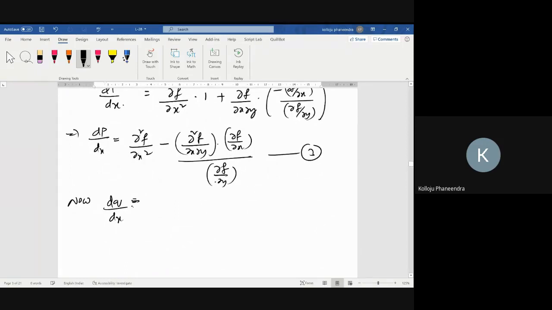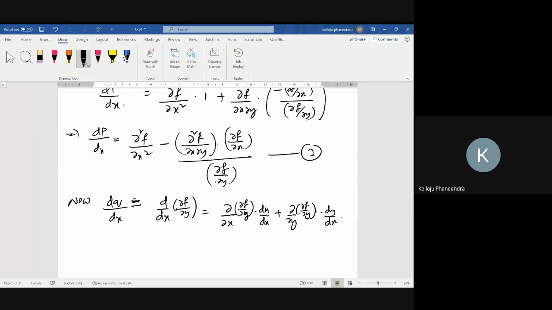dq by dx equals first d by dx of what is q? ∂f/∂y. Same logic. First ∂/∂x of ∂f/∂y into dx by dx plus ∂/∂y of ∂f/∂y into dy by dx, right?